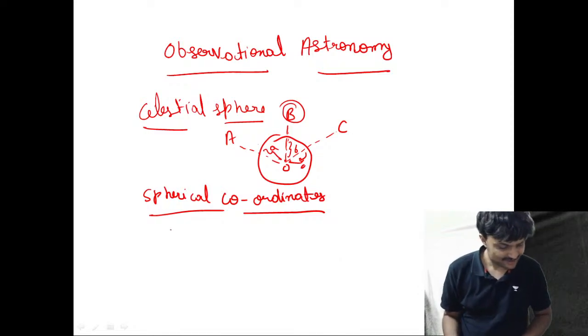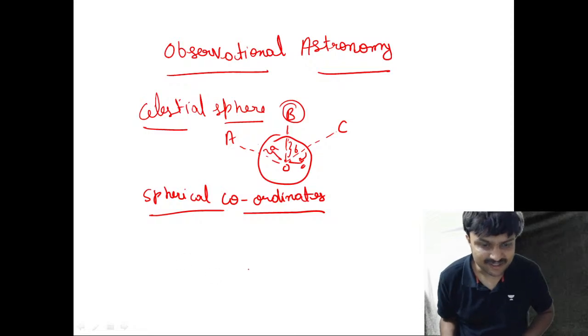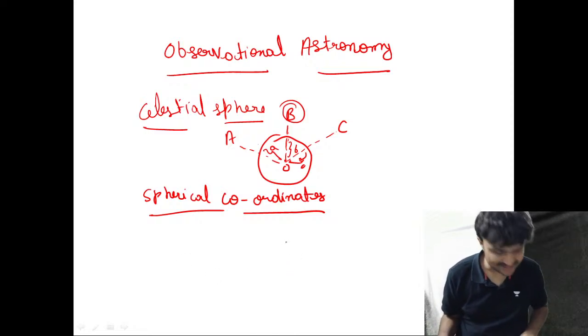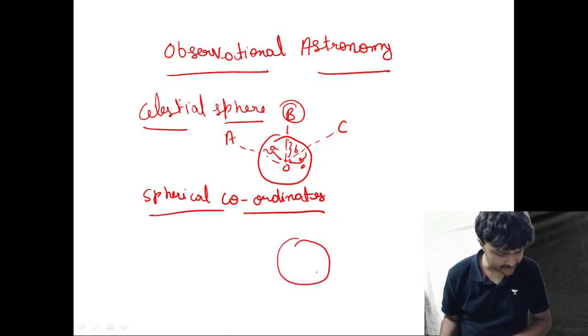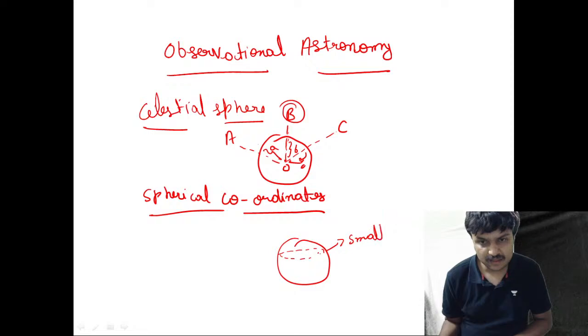Okay, so now the celestial coordinate system. Thank you for commenting. If you imagine this coordinate system, imagine a sphere. Inside that there is a small circle, a chota circle. Okay, small circle.